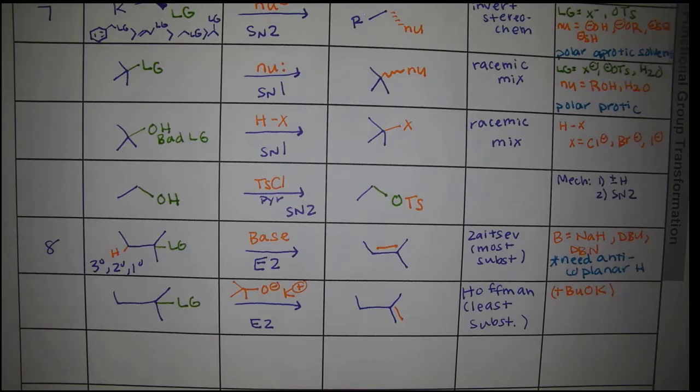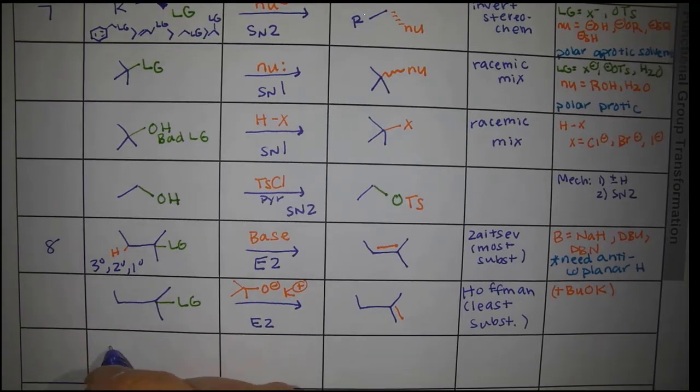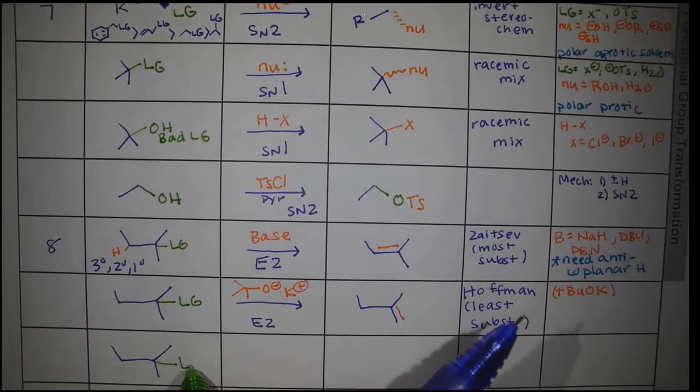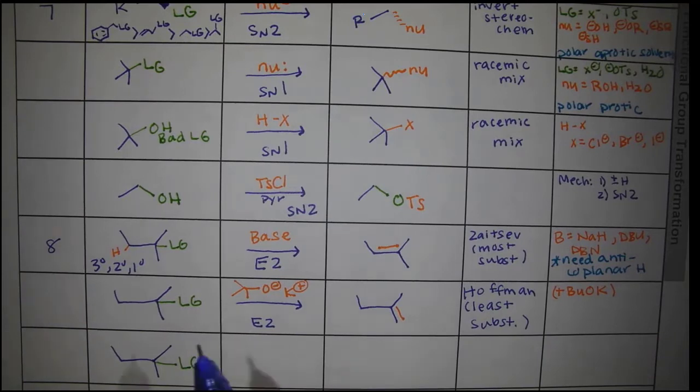All right, and then we have one more. And we'll come back to the recap here in a second. I'll probably repeat some of this stuff. This is an E1 reaction.